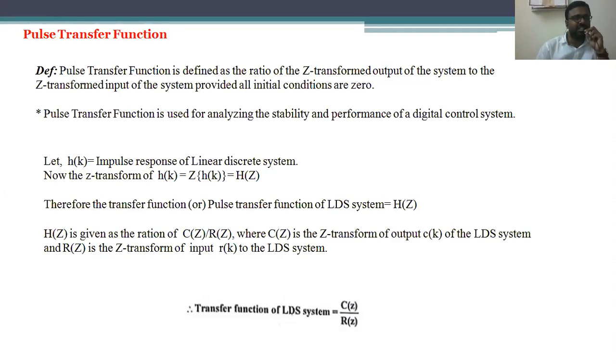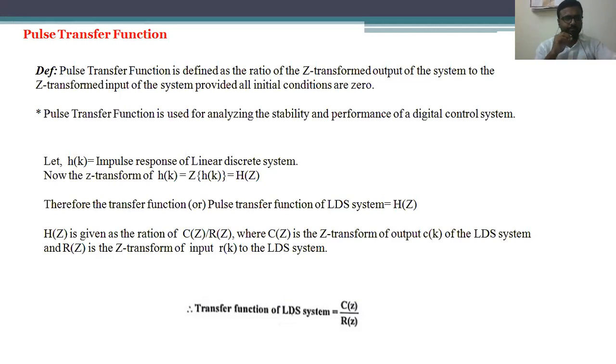That means the Z transform of the output of the system to the Z transform of the input of the system is called the pulse transfer function. Here we have to note that all the initial conditions of the system must be assumed as 0. So this is the basic definition and equation regarding the pulse transfer function.